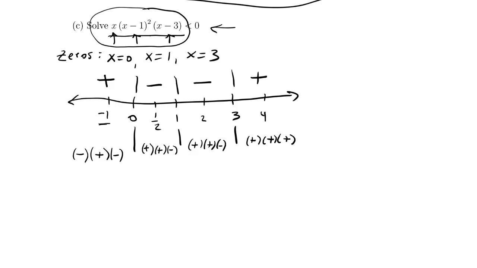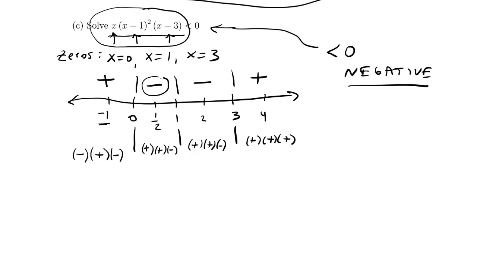Okay, so what did I want? Let's go back. What we were asking for was less than 0. So all we want is when we have negative. So here's one place we have negative, here's another place we have a negative. So those 2 intervals, again, it's not an or equals to, so we're not going to take any of the breakpoints. So our solution, inequality-wise, is actually 2 broken regions because the 1 in between is not in either of these regions.